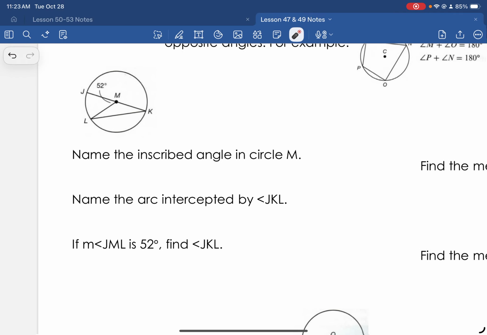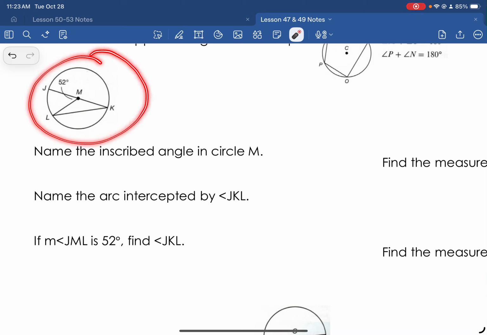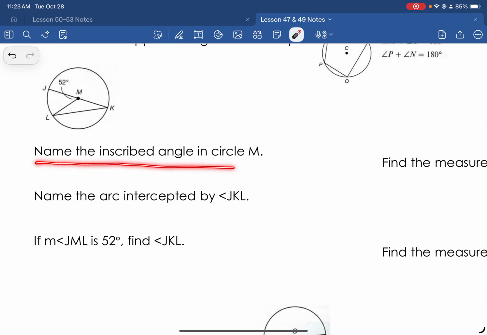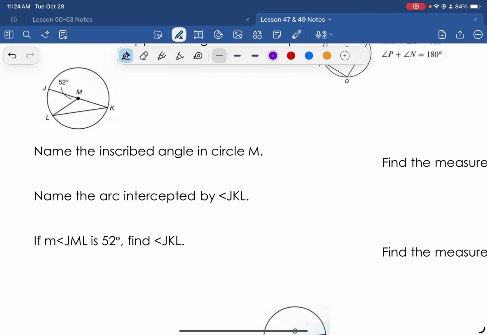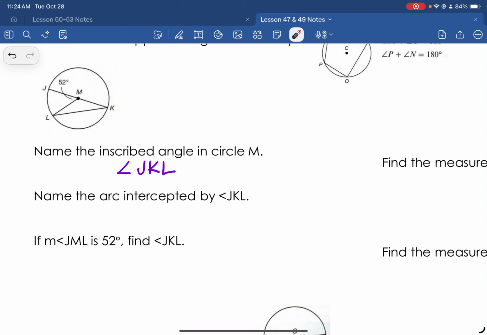Okay, let's work some problems together. Looking at this diagram right here, they ask us to name the inscribed angle in circle M. So take a look at this real quick and see if you can name the inscribed angle in that circle. It's angle JKL, because remember, the vertex has to be on the circle in order for it to be an inscribed angle.